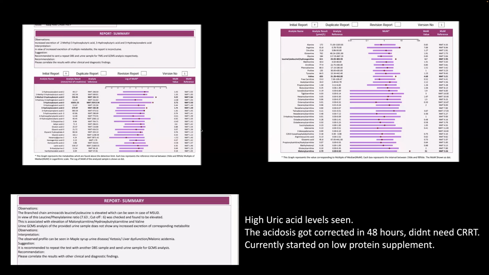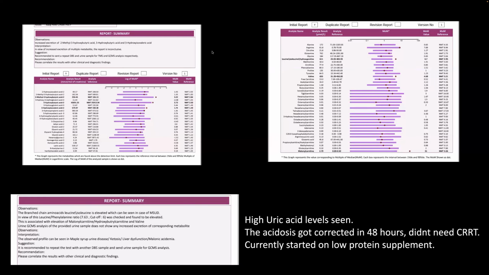I think continuing at least 1 gram per kilo of protein and discussing with the metabolic specialist until we get all the answers. And here, I think probably the role of rapid genome sequencing, which comes in a week's time, is worthwhile in this sort of situation.